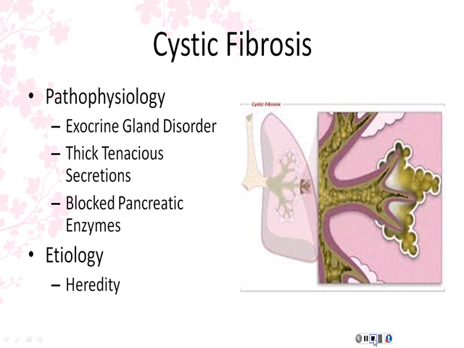In the GI system, these abnormalities with the sodium and chloride transport cause the pancreatic ducts to be blocked, so digestive enzymes are retained, which causes destruction to the exocrine pancreas, but also malabsorption of nutrients from the lack of the digestive enzymes.